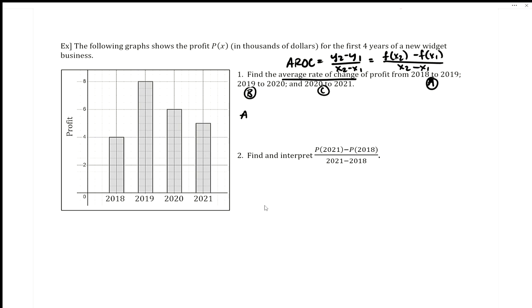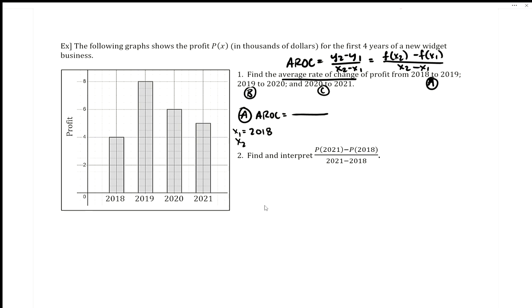Okay, so let's see if I have enough room here. For letter A, we want our average rate of change equal to, okay, so for letter A, let's squeeze that right under. I think I'm going to need a little more room. I'll put B and C down below. So our x1 in A is 2018.